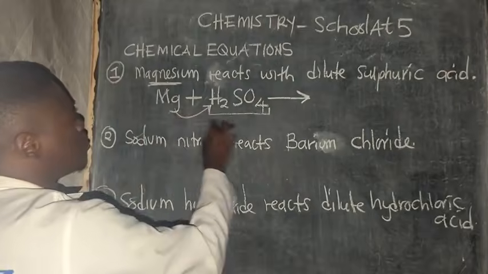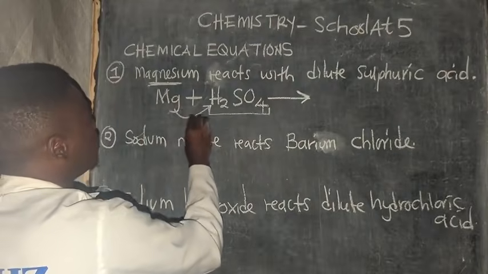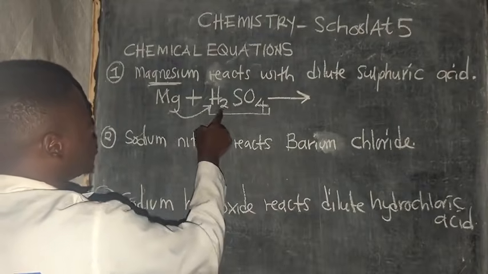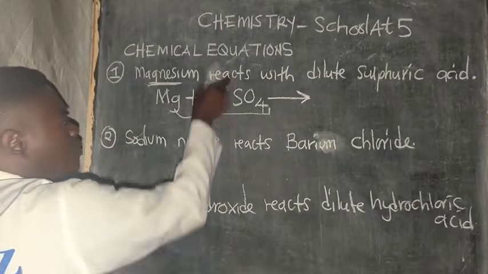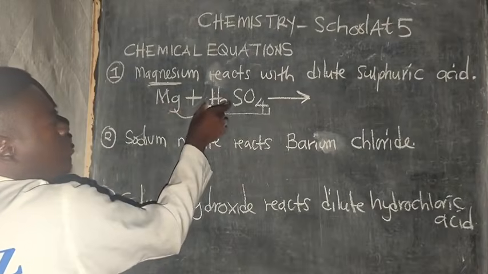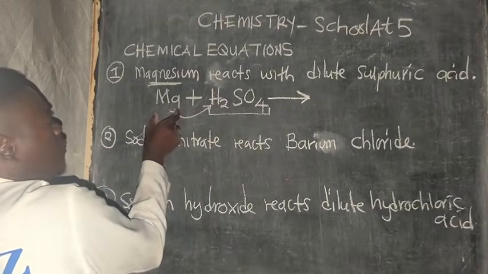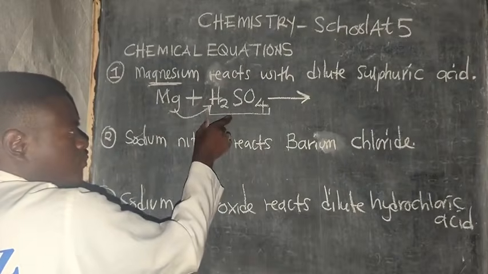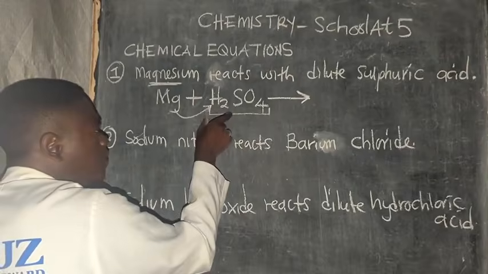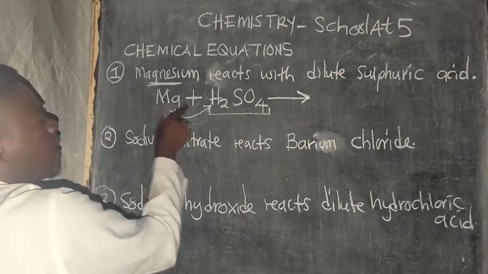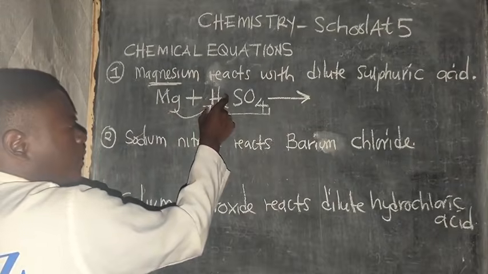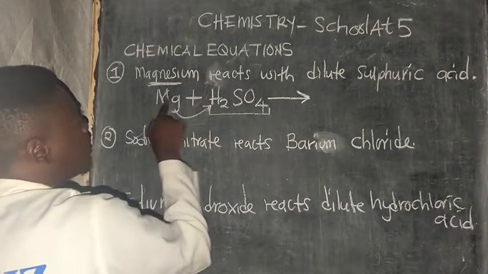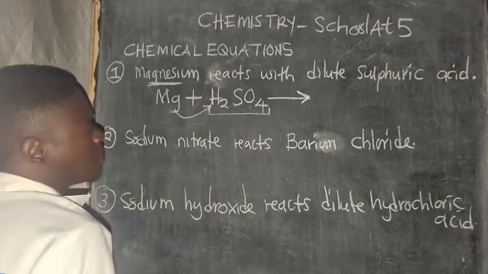This one, when it goes this side, is going to replace that one, so that you get to form magnesium sulfate. When magnesium reacts with sulfate, what is produced?